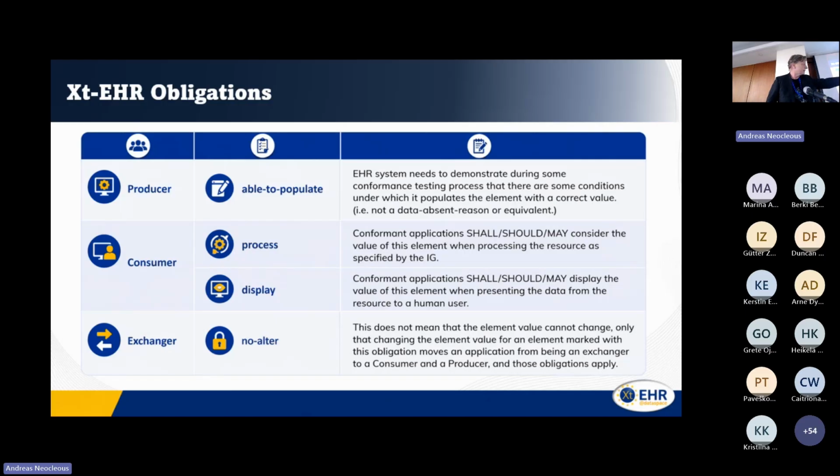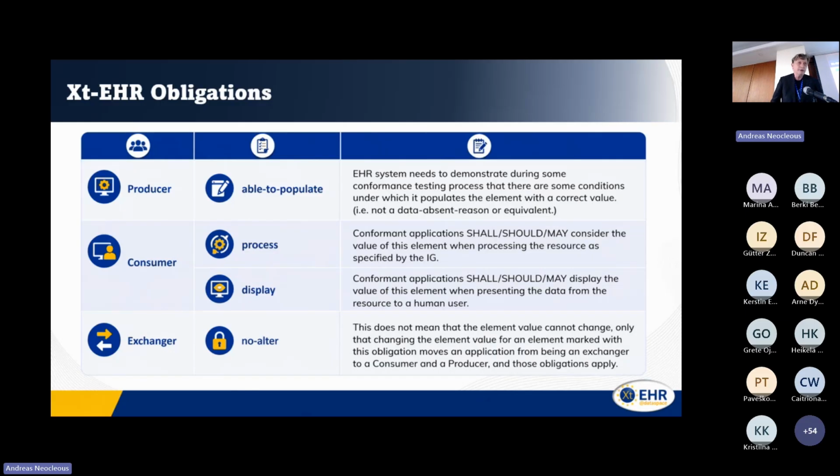On the most right-hand side column, you can see the definitions. And for the exchanger, there is just one obligation, that they should not alter the content. By not altering that, it doesn't mean that they cannot touch it, but they cannot change the clinical meaning, or substantially change the clinical meaning. So the transformation, if there is any, must be very safe.